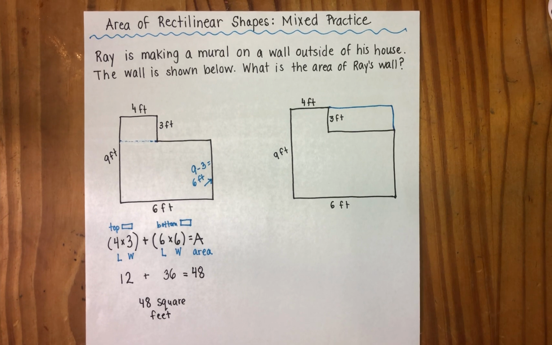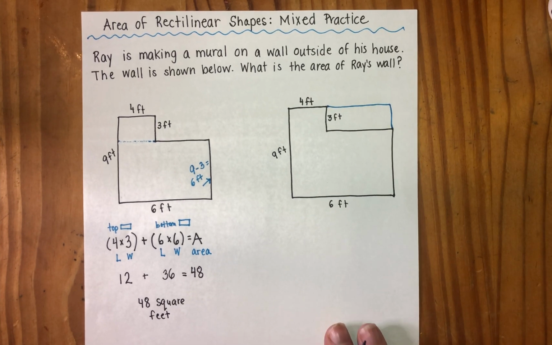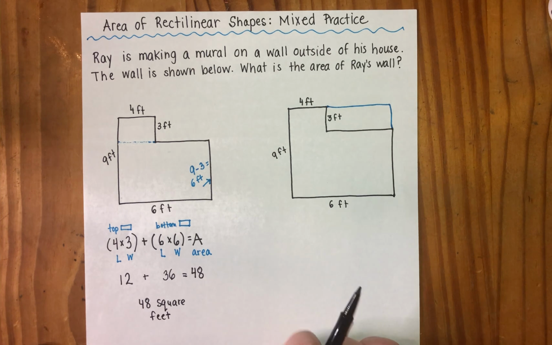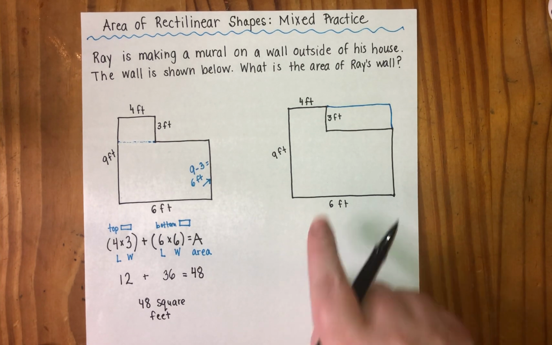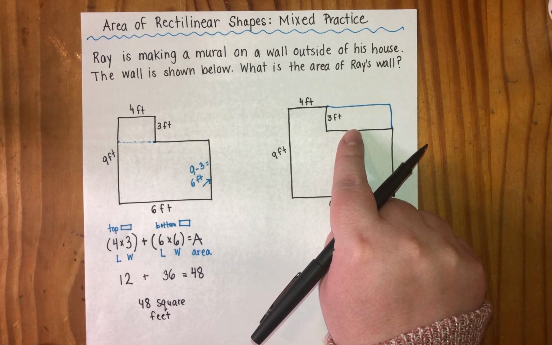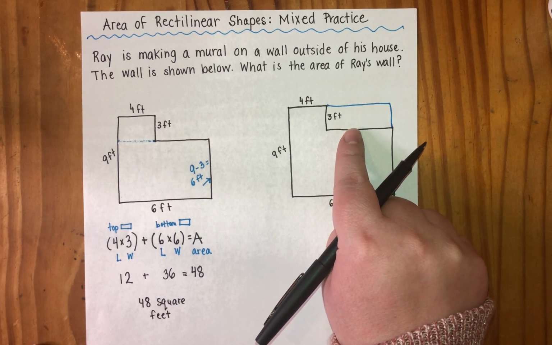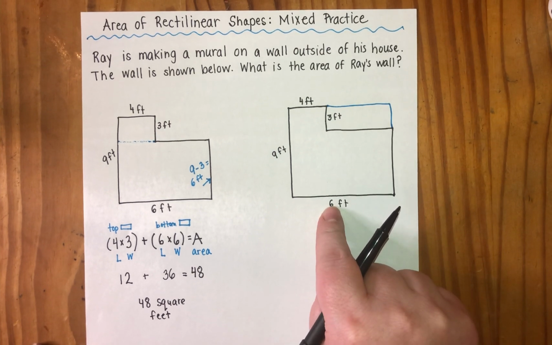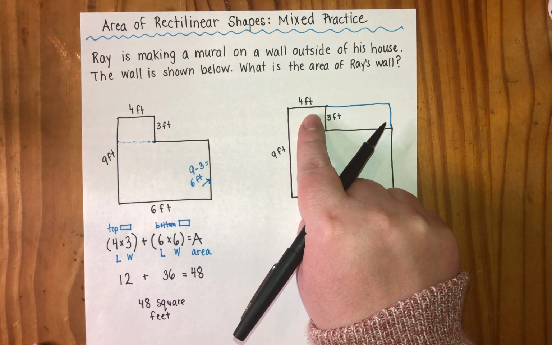Yes, we can see that the length and width of the larger rectangle are 9 feet and 6 feet. For the smaller rectangle, we can see the width is 3 feet, but we don't know the length. Since we know that opposite sides of a rectangle are always equal, we see that the length on the bottom is 6 feet, and the part of the length on the top is 4 feet.